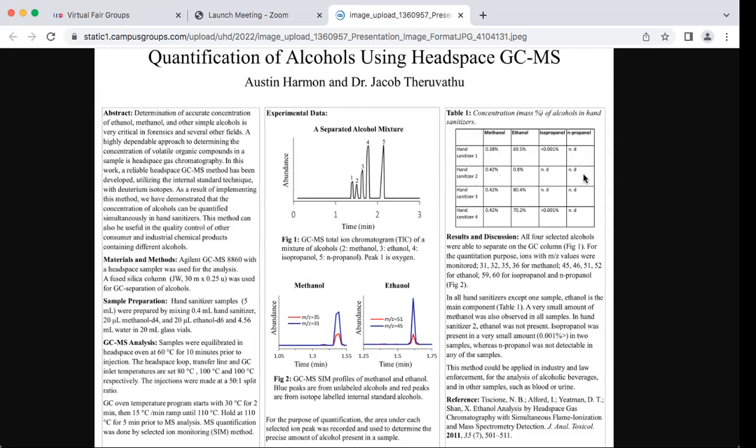It's really supposed to have no alcohol, but for some reason it showed up. It had 0.42% methanol and 0.8% ethanol. But that could either be added by the factory or a very small error by us, but we think it's by the factory.